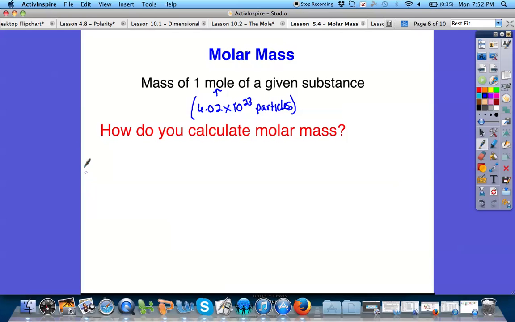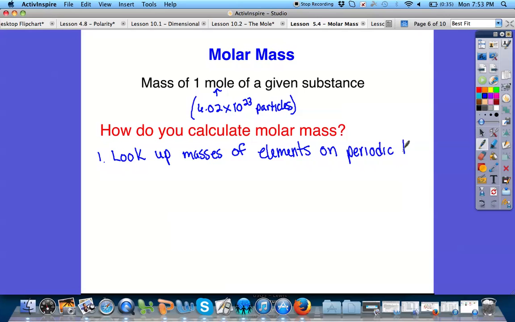So how do we calculate molar mass? We have 4 steps that are going to help us with this. The first is that we are going to look up the masses of elements on the periodic table, the average atomic mass. Okay.